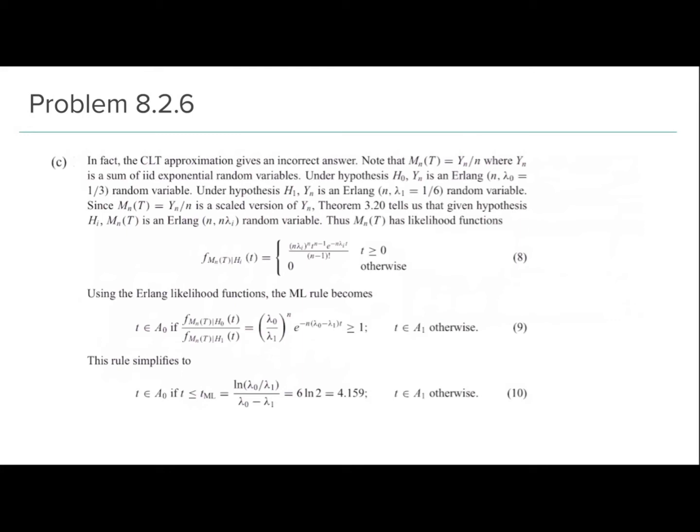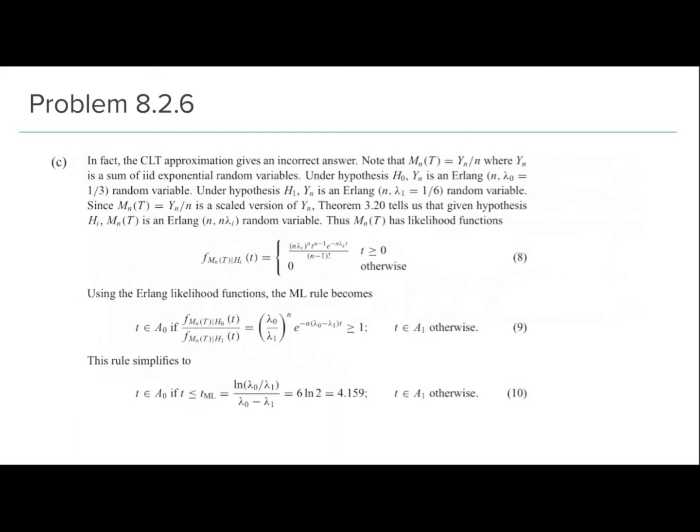So basically f of Mn(t) given Hi is equal to (nλi) raised to the power n into t raised to the power n minus 1 into e raised to the power minus nλi t, divided by (n minus 1) factorial, for t greater than or equal to 0, and 0 otherwise, right?